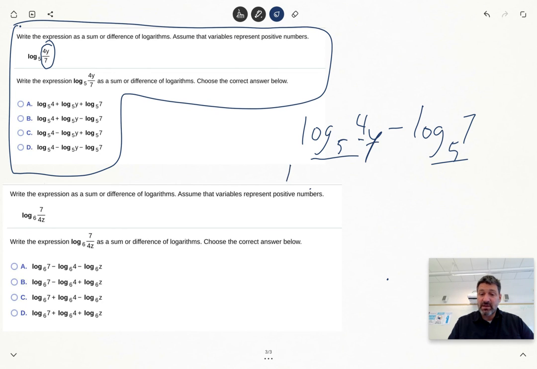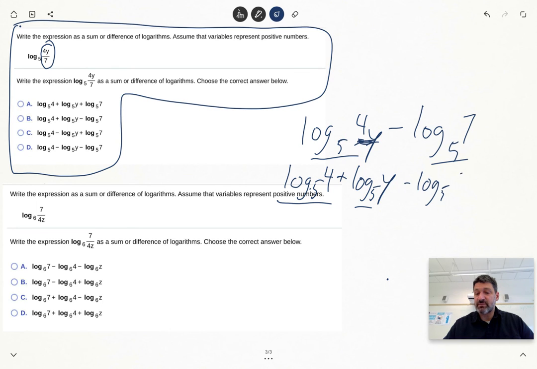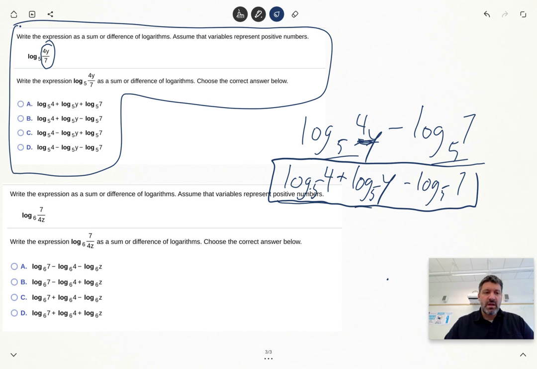So we can break that down to log base 5 of 4 plus log base 5 of y. So we're just breaking this out into two separate logarithms to be able to simplify it easier. And we're still subtracting the log base 5 of 7. And that is the option with log base 5 of 4, log base 5 of y, minus log base 5 of 7. Looks like that is this one right here.